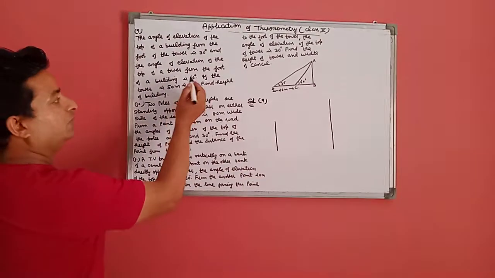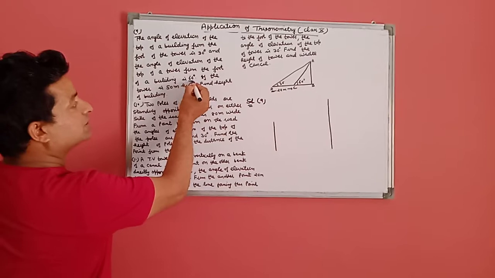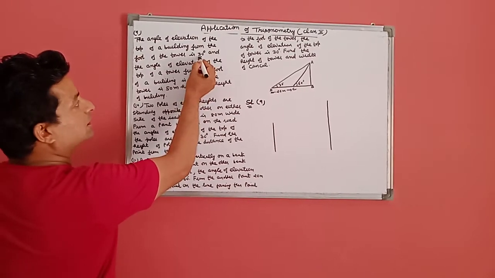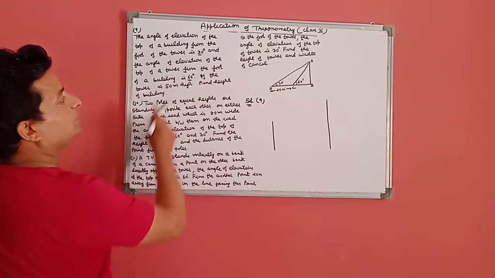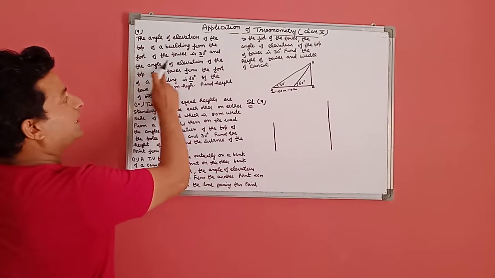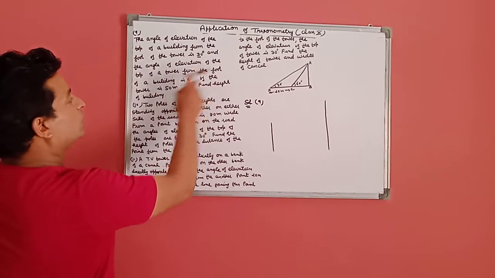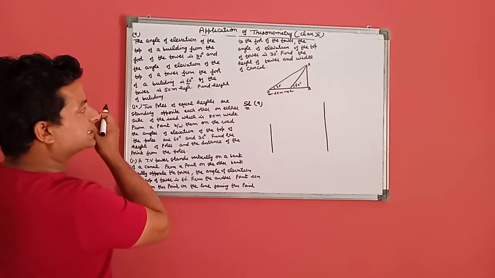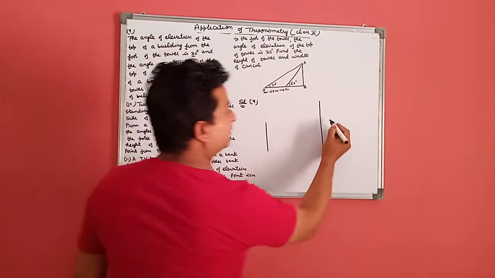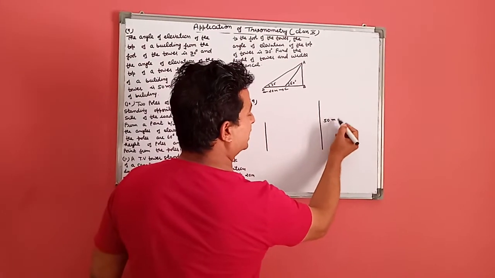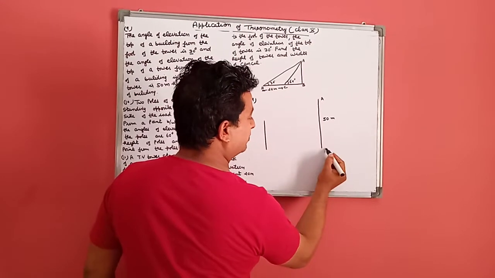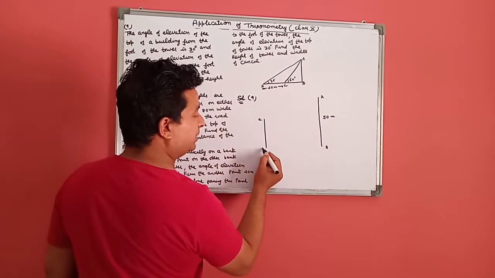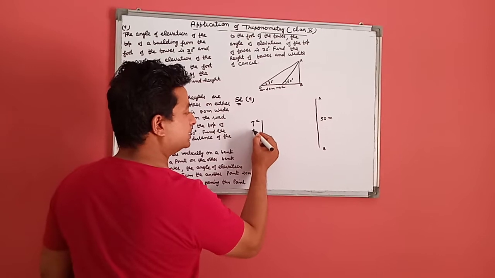For this, we note the angle of elevation. This means greater angle. This is 30 degree, this is 60 degree. This means the angle of elevation of top of tower from the foot of building is 60 degree. This means tower is bigger height as compared to building. This is building, height of building is required.